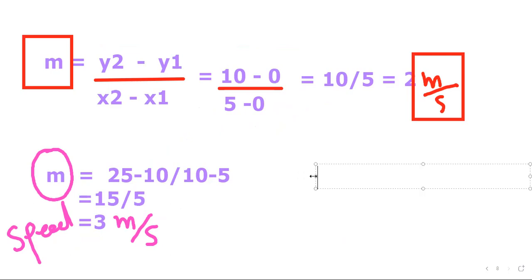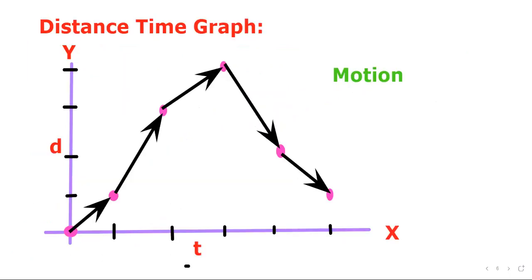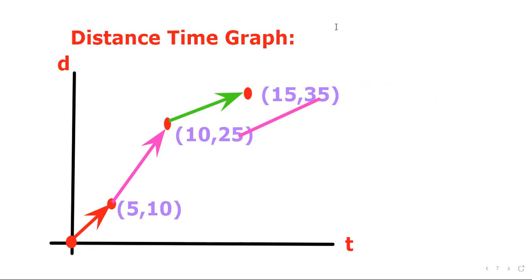So the gradient is 35 minus 25 divided by x2 minus x1, 15 minus 10.